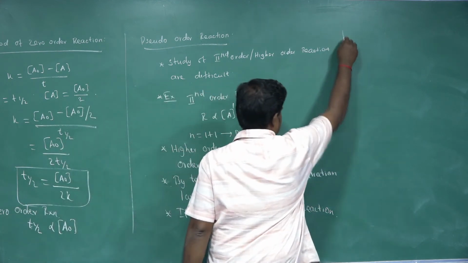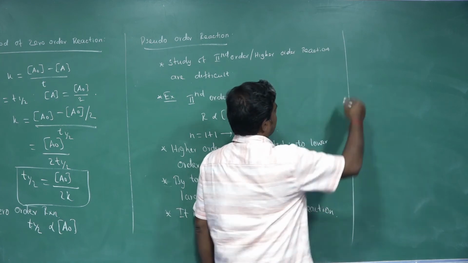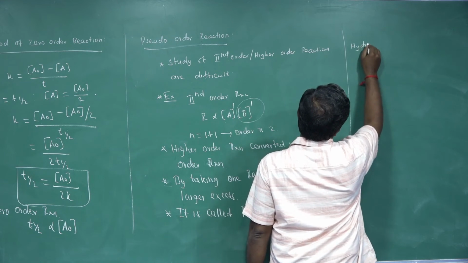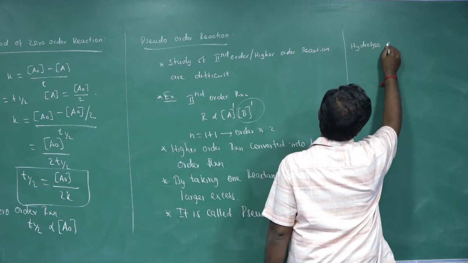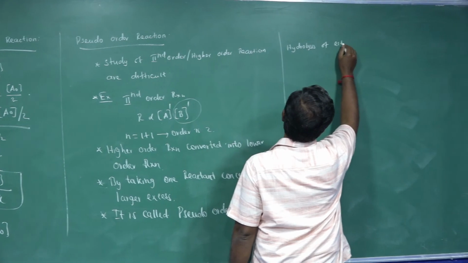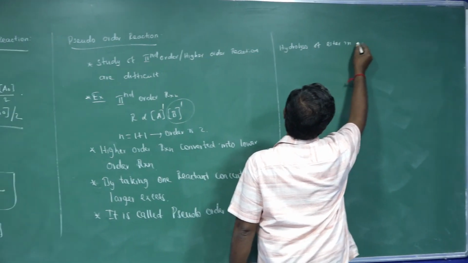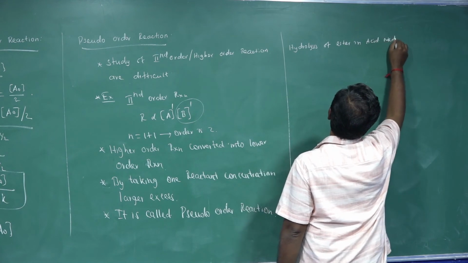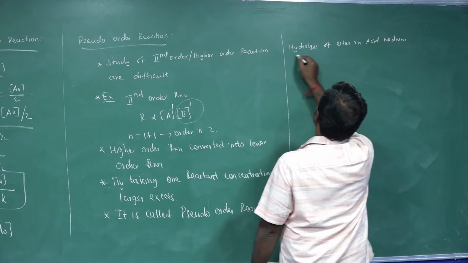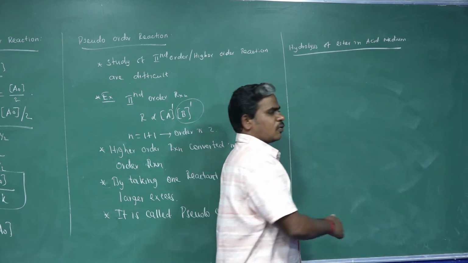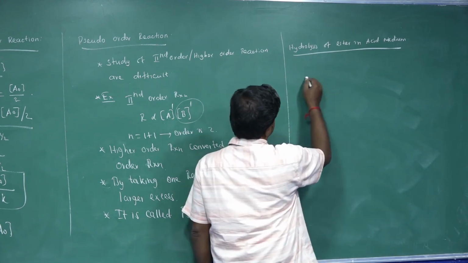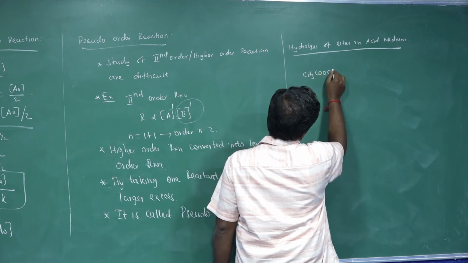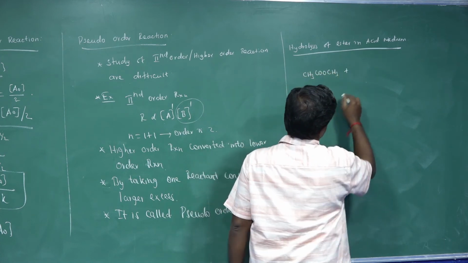Now we may take an example of a pseudo order reaction: hydrolysis of ester in acid medium. We take the hydrolysis of the ester CH3COOCH3.